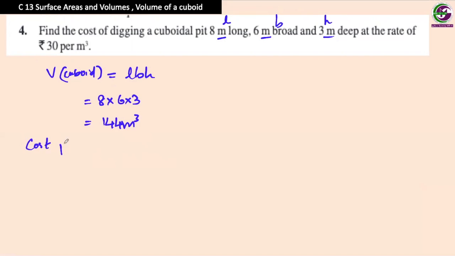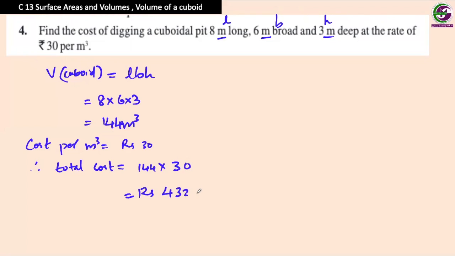Cost per meter cube is equal to rupees 30. Therefore, total cost will be 144 multiplied by 30, which is rupees 4,320.